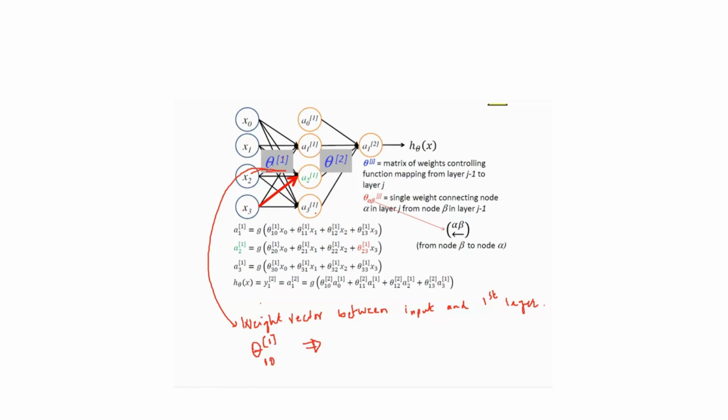We need to determine which weight we are talking about. There will be a weight on this line, there will be a weight on this line as well, and on this line as well. All the lines will have certain weights on them. So we need to figure out which weight we are talking about.